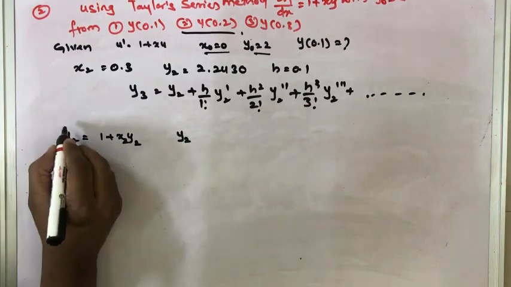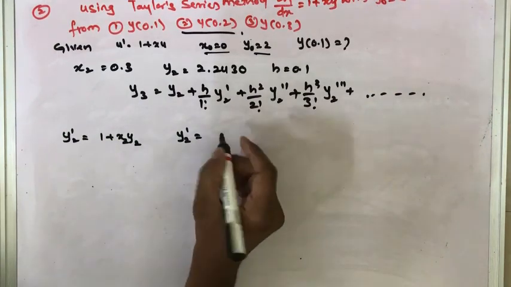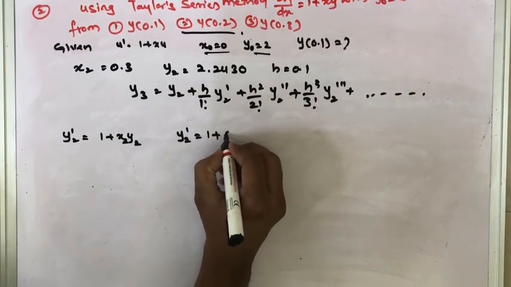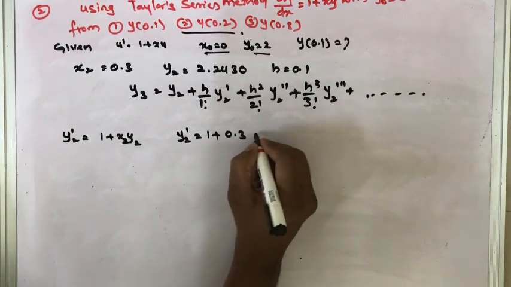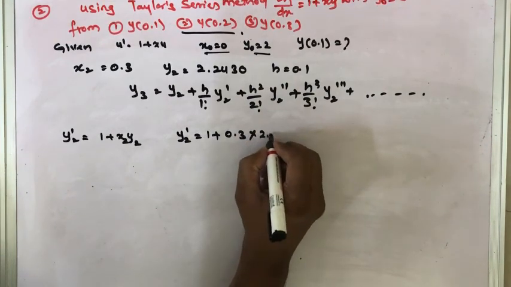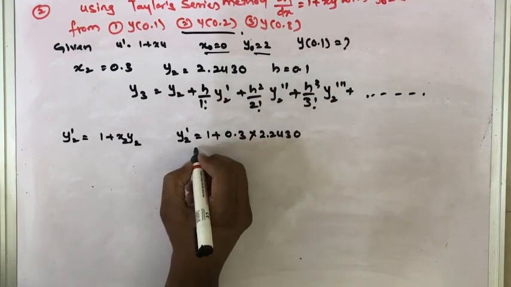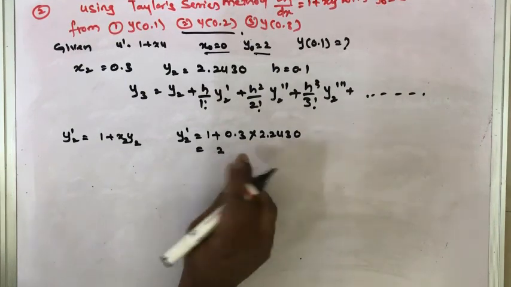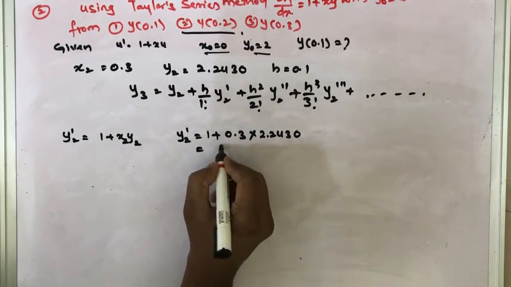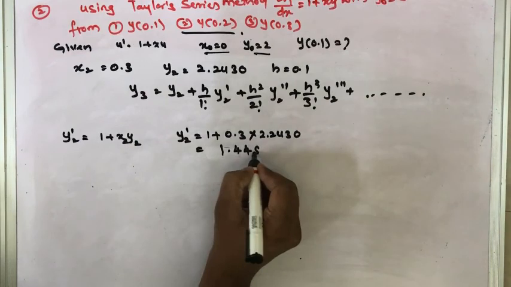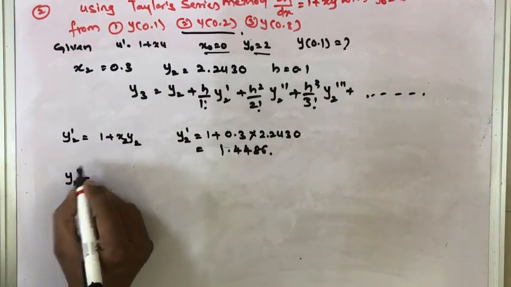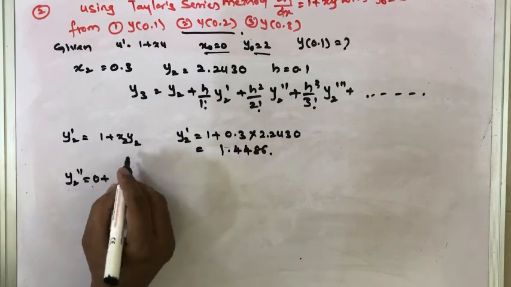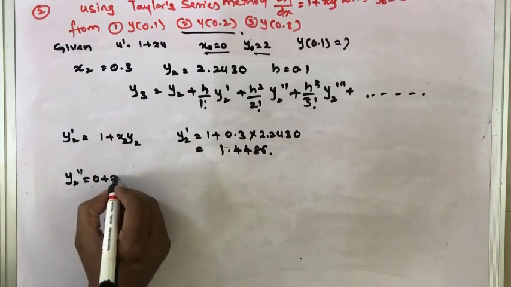So this will be 1 plus x2, which is 0.3, into y2, which is 2.2430. If I calculate, I'll get 1.4486.